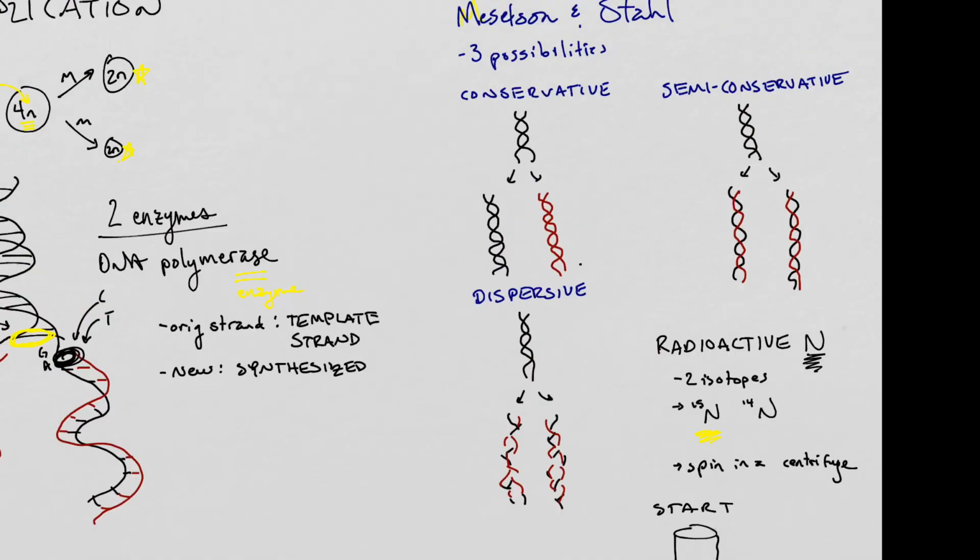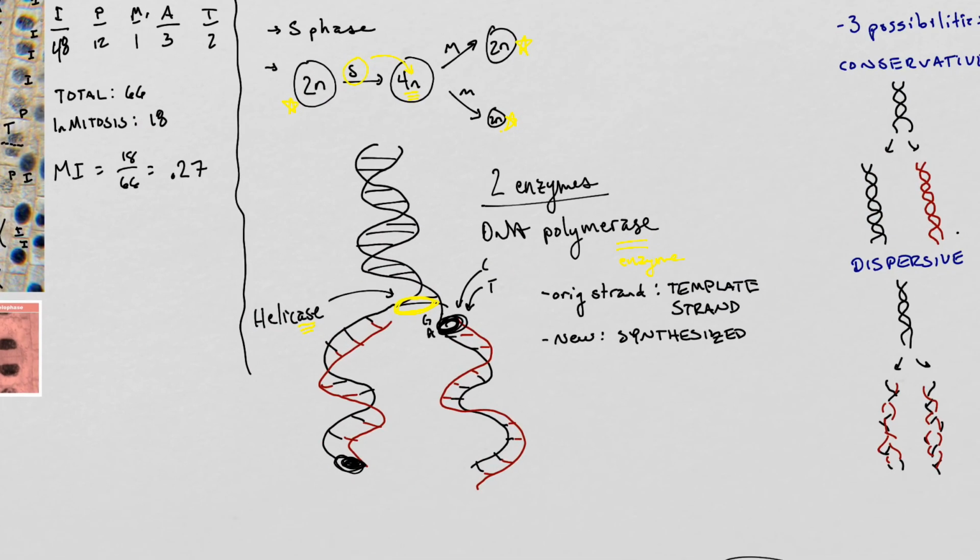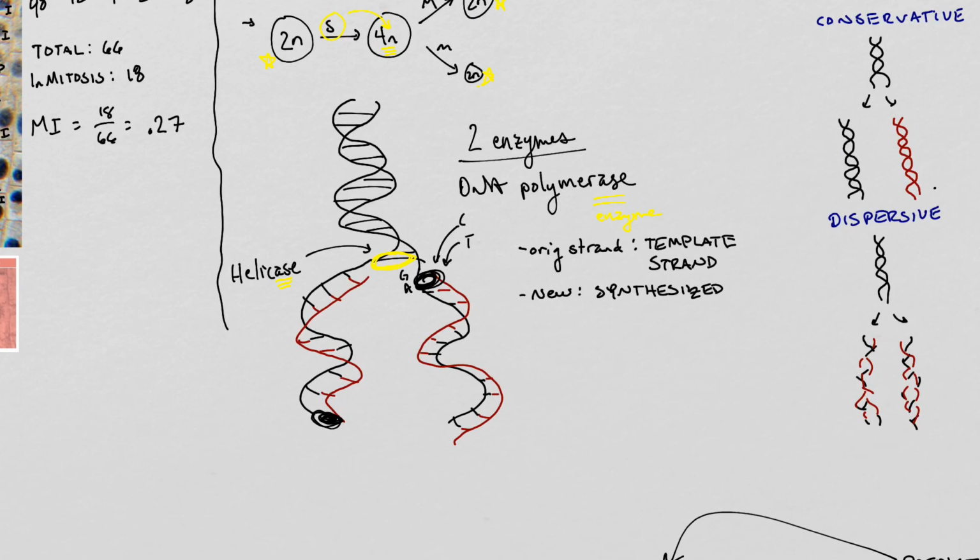Now, you knew that already because of what we did right up here, but now we have a name for it. That name is semi-conservative replication, which means that each new DNA strand is part new synthesized DNA and part original template strand. And that's it.